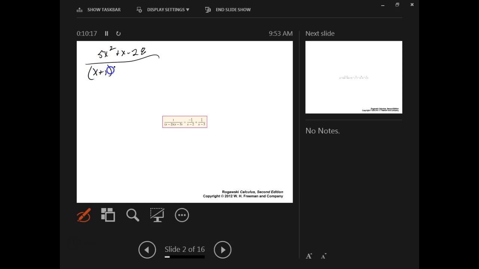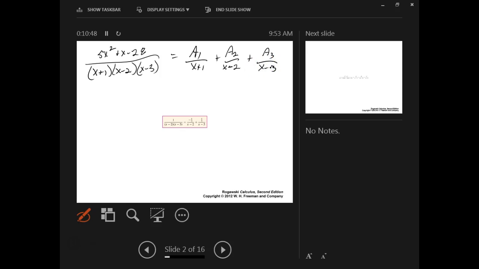X plus 1 times x minus 2 times x minus 3. Can you break that into A1 over x plus 1 plus A2 over x minus 2 plus A3 over x minus 3?